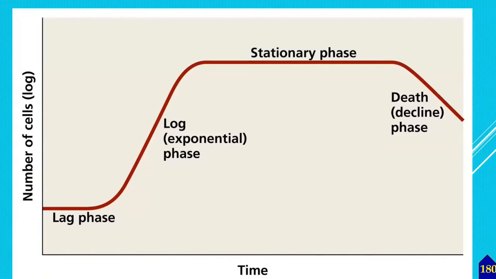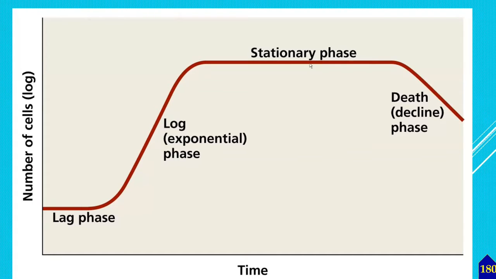As the time advances, you can see the number of bacterial cells changes. The lag phase is only the preparation phase, and the log phase is the exponential phase, in which the bacteria will grow to the highest extent.